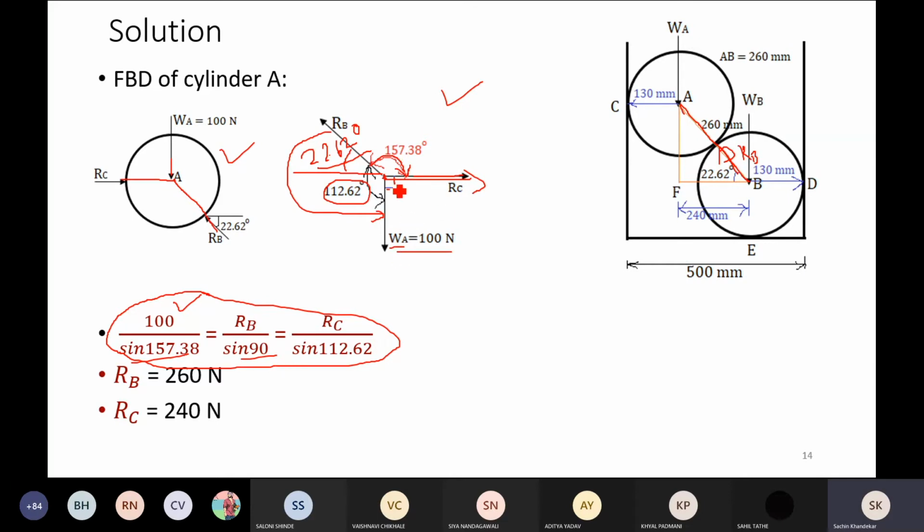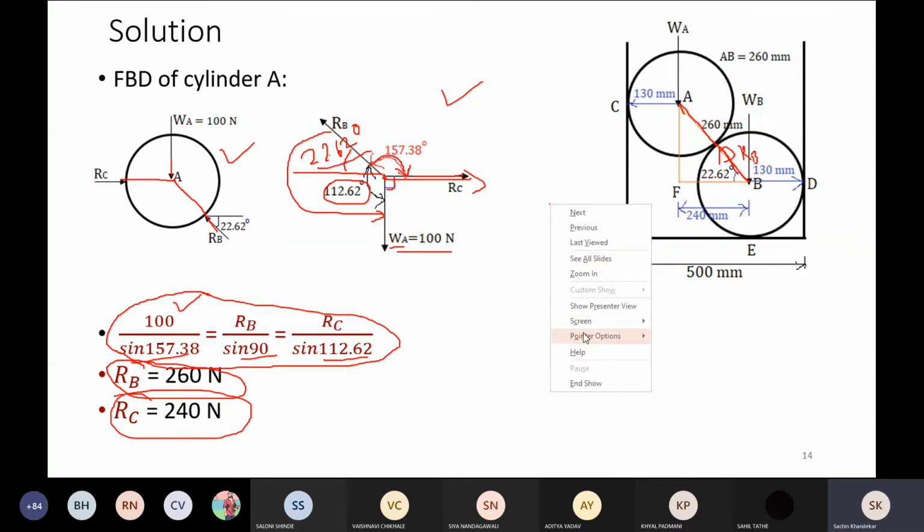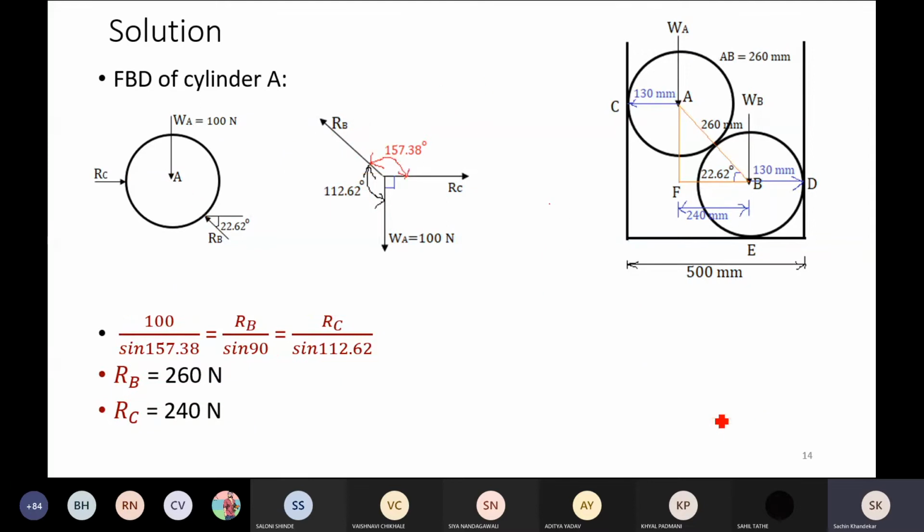Then RC divided by sine of the angle between the other two forces, that is RB and WA, which is 112.62. Right. So after solving, we got RB as 260 Newton and RC as 240 Newton. Okay. So here we have found one answer, that is reaction at C.